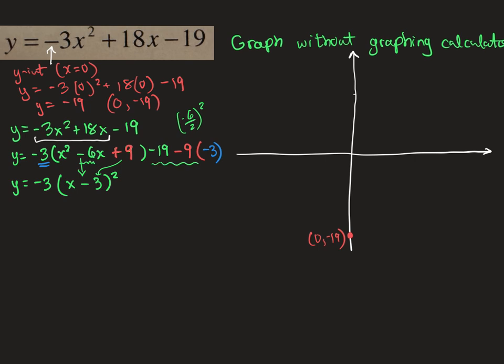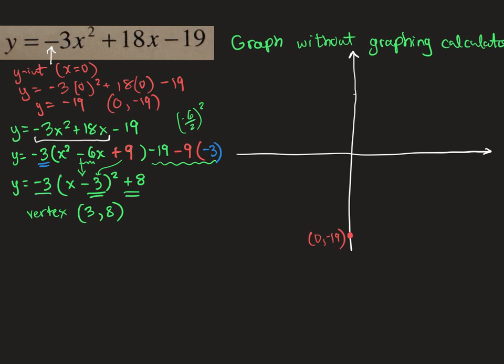Then, this last part, we just figure out what the value of that is, do the multiplication first, so negative 9 times negative 3 would be positive 27. Add that to negative 19, and you would get positive 8. And there we go. Our vertex is basically these two numbers, opposite sign of what is inside the brackets there. So our vertex is 3, 8.